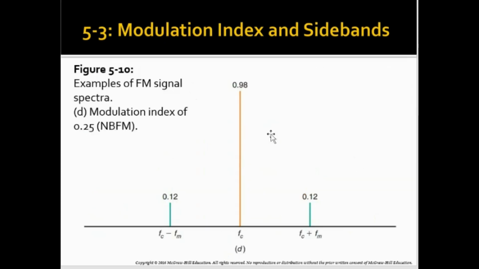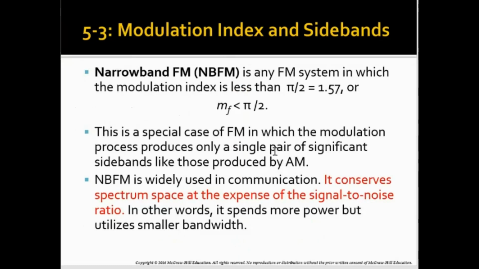There is one more example, which has only 1 sideband. The rest is not shown. This one we call narrowband FM, but let's see what narrowband FM is first.